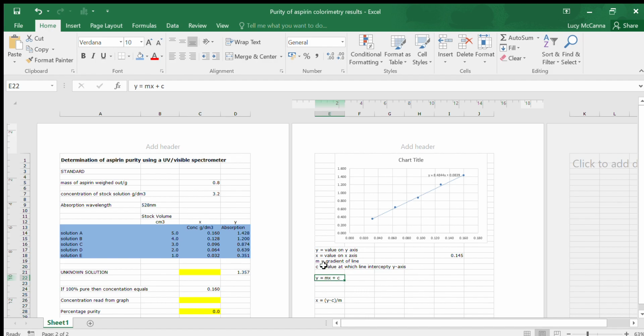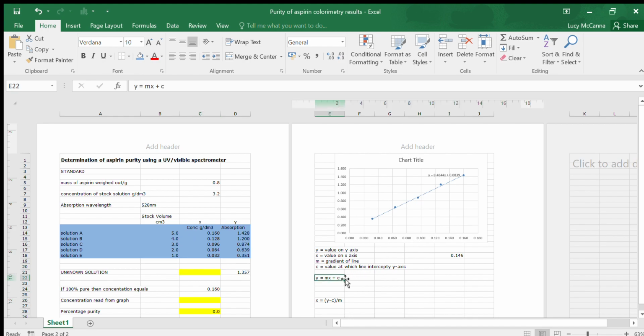M is the numerical gradient of that line, and C is the numerical number at which the line would cross the y-axis. Okay, so those are all the elements of a straight line graph equation. What we're doing is we want to know the unknown solution. This is an x value, a value that we want to read off on the x-axis.